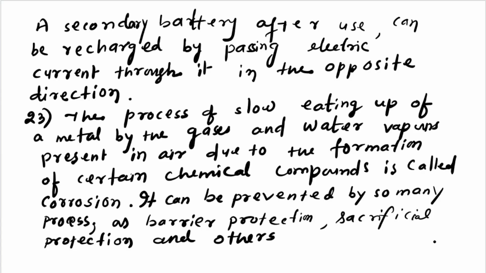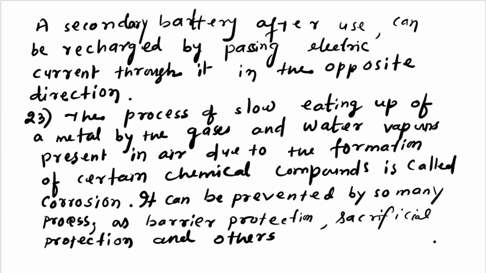Then I come to corrosion. What is called corrosion? The slow eating away of metals by gases, water vapor, moisture and the like, through a chemical reaction, is called corrosion, and for iron it is called rusting.